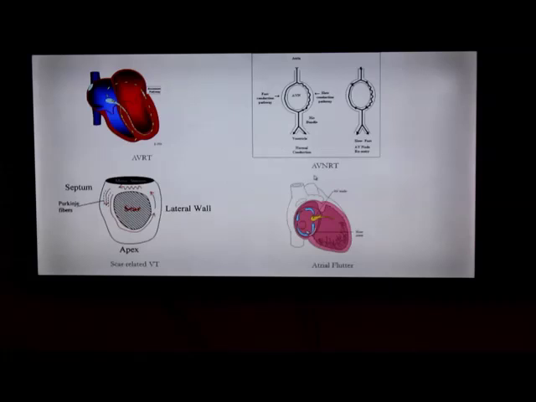If we take AV node re-entrant tachycardia, the re-entry circuit is inside the AV node. The AV node has two pathways, one fast and one slow, and the circuit is in between those two. It has to be with a certain appropriate conduction velocity, because if both are relatively fast, you will not have re-entry.